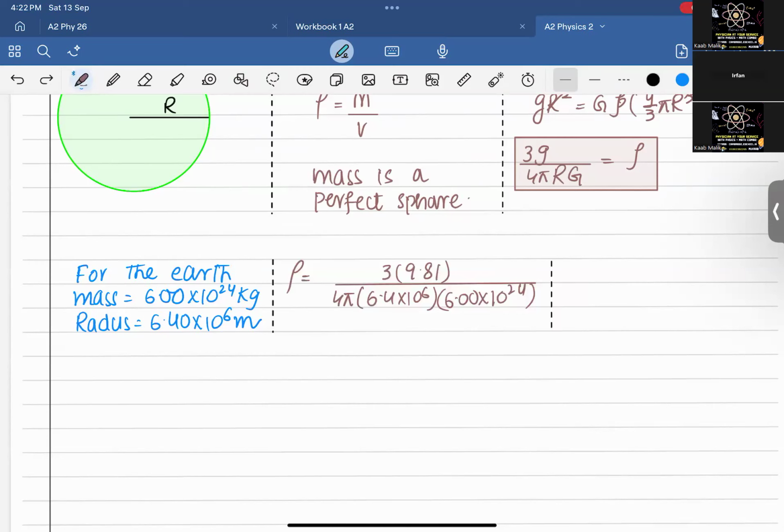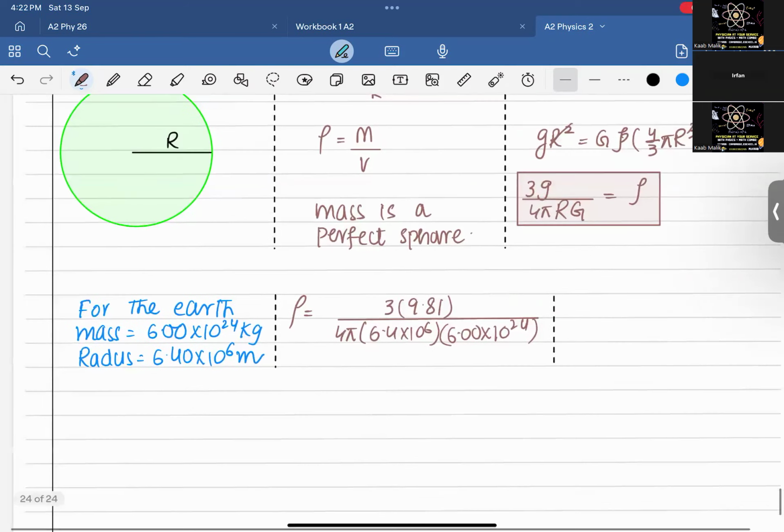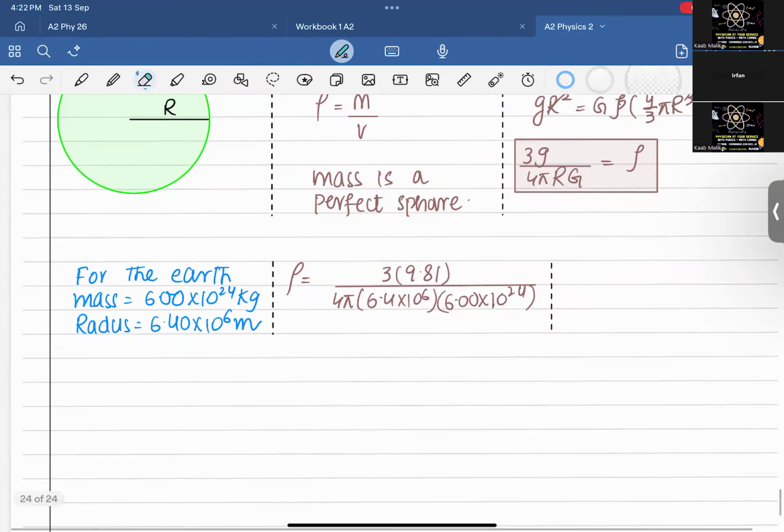It should be somewhere around, yes, 6.09 times 10 to the power negative 32. Wait, I have to check again, I just put in the incorrect value. The G value is 6.67 exponent negative 11.